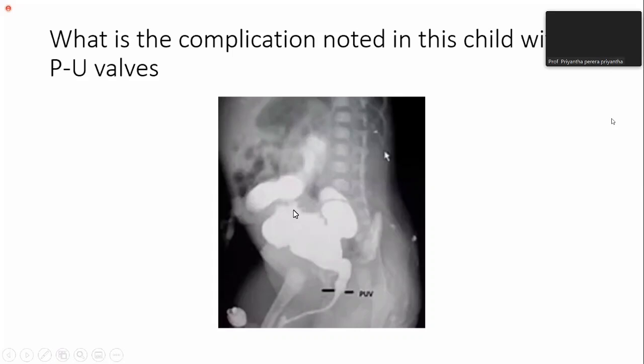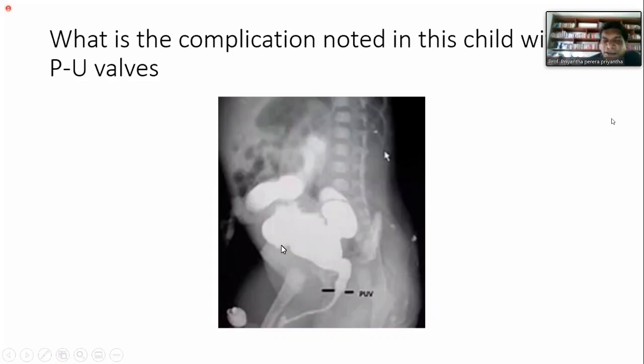The mucosa prolapses through the bladder muscle wall outside, like a cyst, right? It's called bladder diverticuli, which indicates increased intravesical pressure, right?